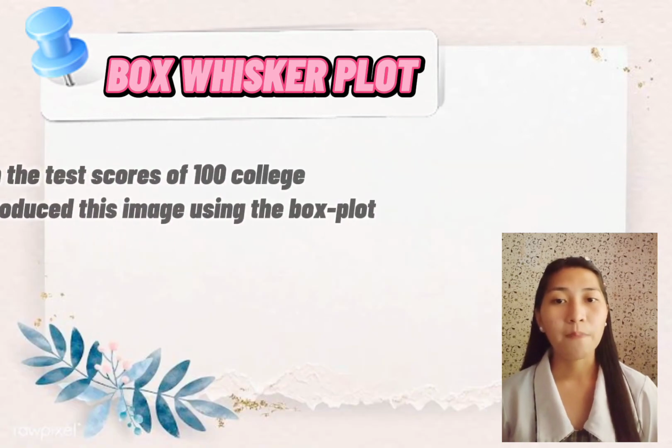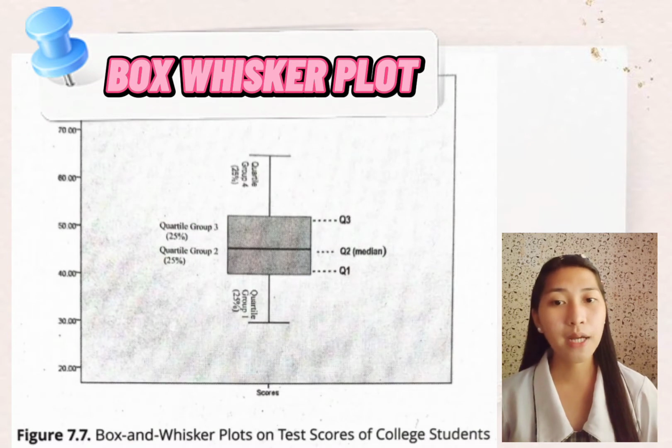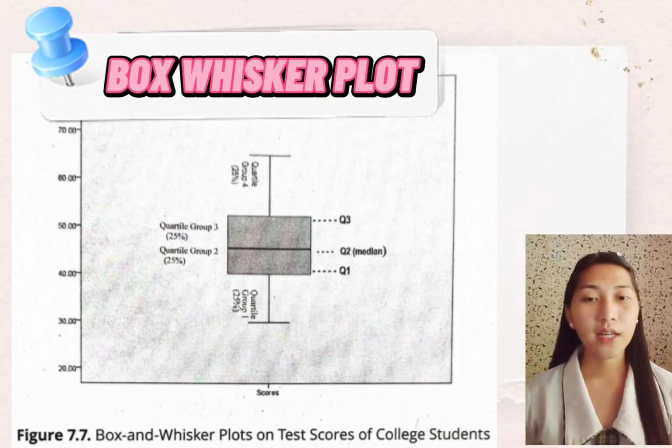For example, the data of the test scores of 100 college students produce this image using the box plot approach. Looking at the box plot graph, the shaded rectangle represents the middle 50% of the test data. The line that divides the rectangle is the median, and the rectangle is referred to as the interquartile range box.